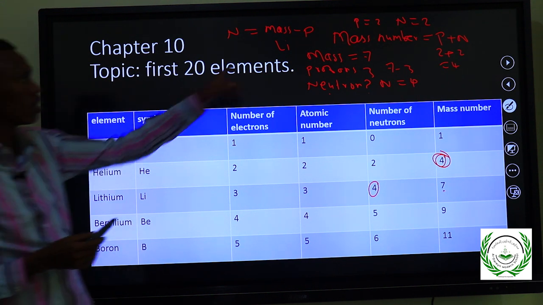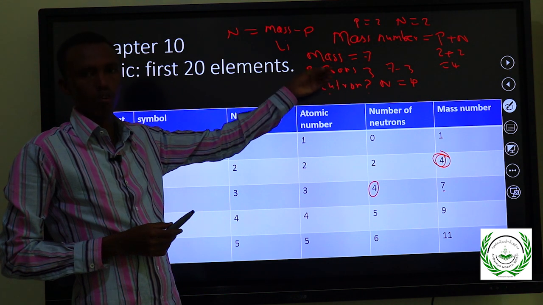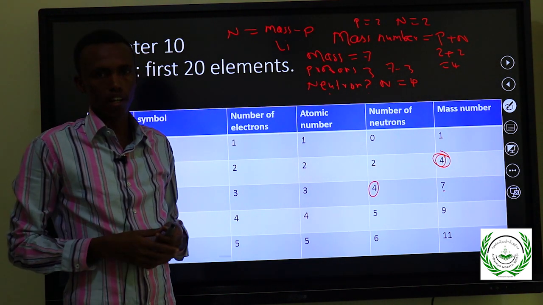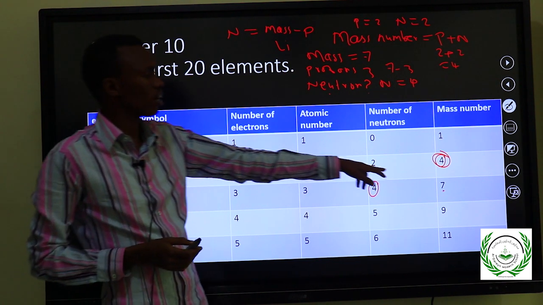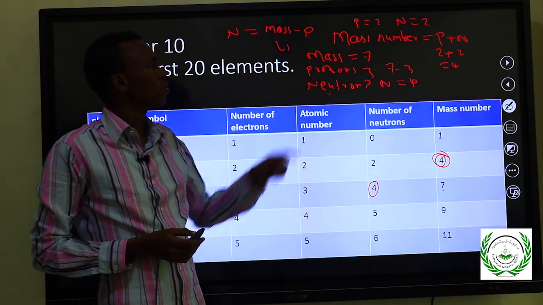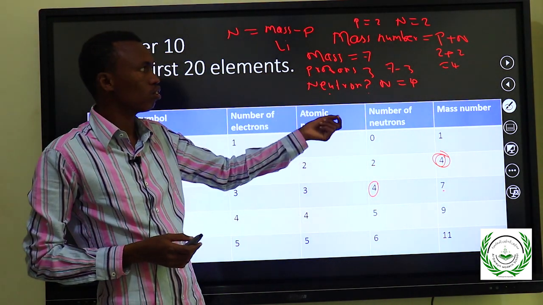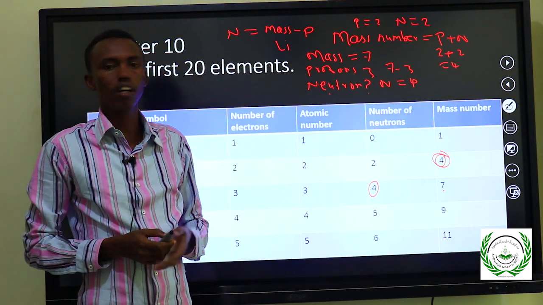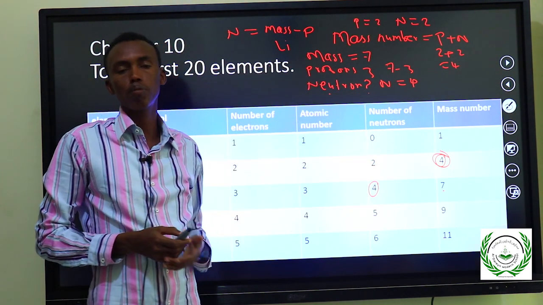Okay, so haddii tusaale ahaan lagu weydiiyo tirada neutronska ama protonska oo lagu siiyo masska, sidoo kale adoo isticmaalaya formuladan ayaan soo saari karnaa ama xisaabin karnaa. So tusaale ahaan lithium, haddii lithium layna siiyo mass numberkeeda oo 7, sidoo kale layna siiyo number of protonskeeda oo 3, oo layna weydiiyo the number of neutrons, by using the same formula waxaan soo saari karnaa the number of neutrons.